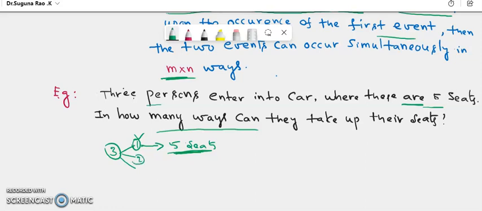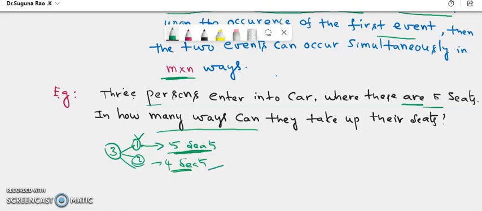The second person has a choice of 4 seats only. The first person can occupy any one of the 5 seats. How many seats remain after the first person sits? There are 4 seats.